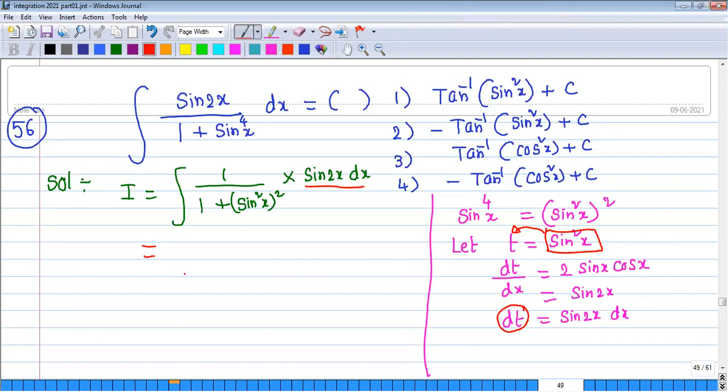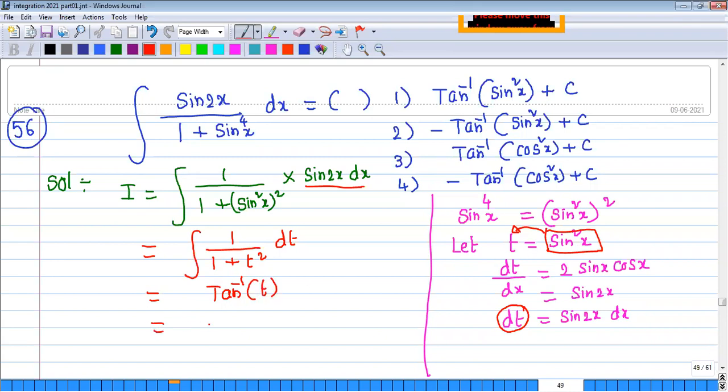Now this becomes integral 1 upon 1 plus t square dt. It's a formula: tan inverse t. T stands for sin square x. So tan inverse of sin square x plus constant of integration.